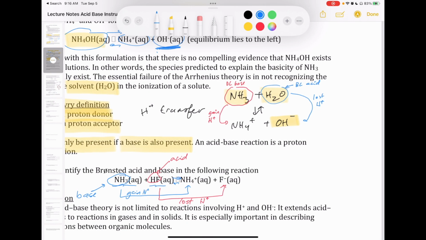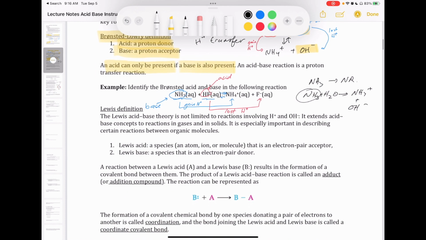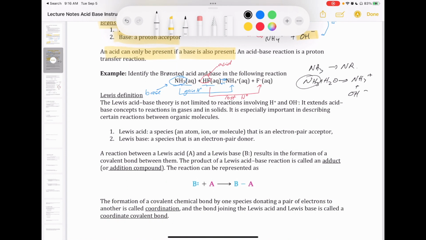If water is not present, if I just have ammonia floating around on its own, nothing's going to happen. But once you have the ammonia with water, then that reaction happens, which means now the ammonia is a base. So it's really important that you understand that water is a key player in the acid-base reaction. Without water, the acid-base reaction doesn't really happen.